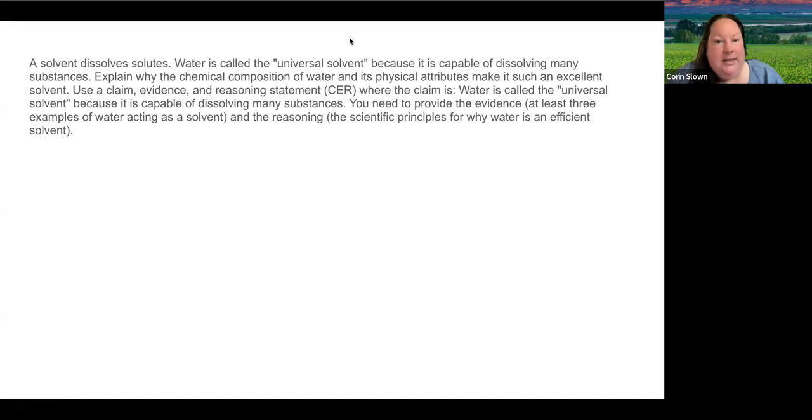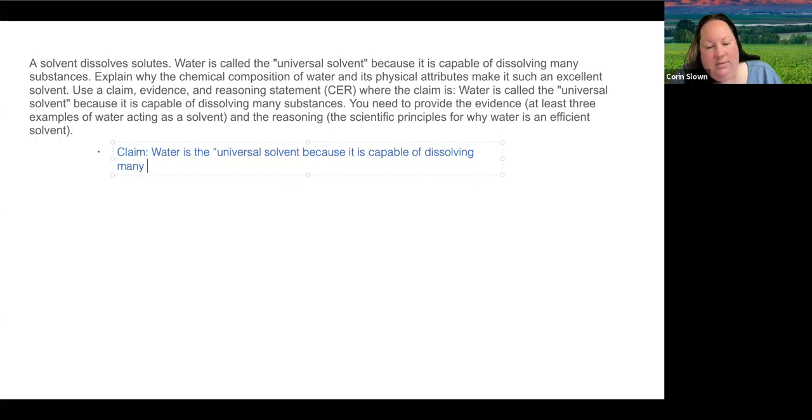Okay, so let's tackle this one. So our claim: water is the universal solvent because it is capable of dissolving many substances. Okay, so let's take a look at our evidence.